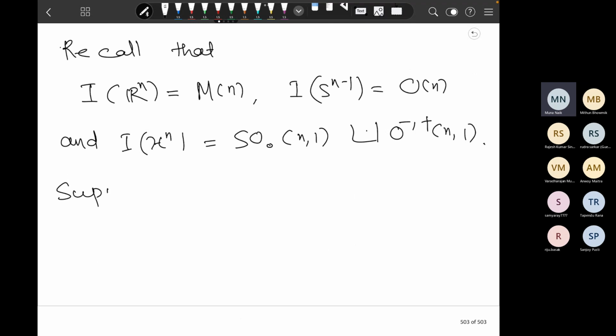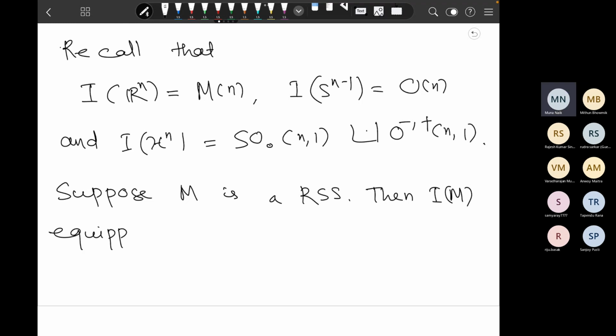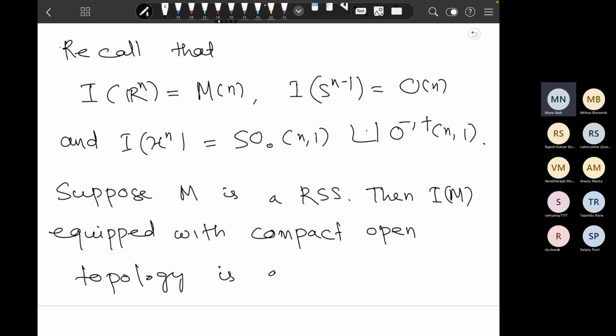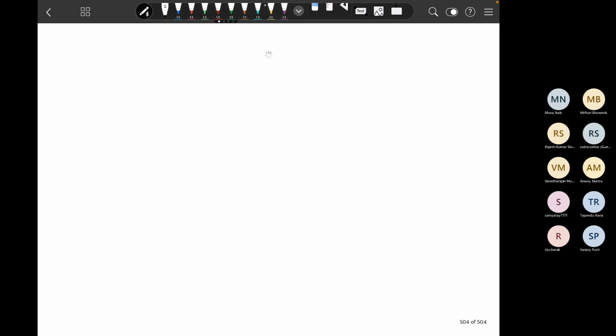Suppose M is a Riemannian symmetric space. Then I(M) equipped with the compact-open topology is a Lie group. Now consider I(S^(n-1)), which is O(n).